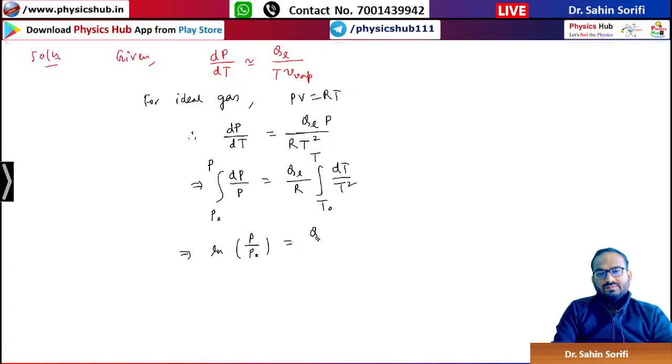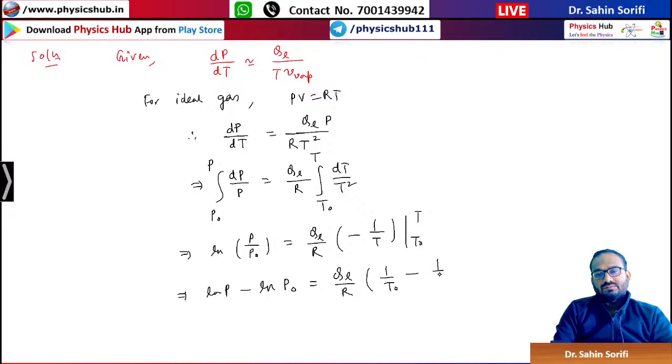The right hand side gives QL upon R times minus 1 upon T naught T. So ln P minus ln P naught is equal to QL by R, taking T naught first so this minus is absorbed: 1 upon T naught minus 1 upon T. That gives us ln P is equal to a constant, ln P naught plus QL by R T naught.